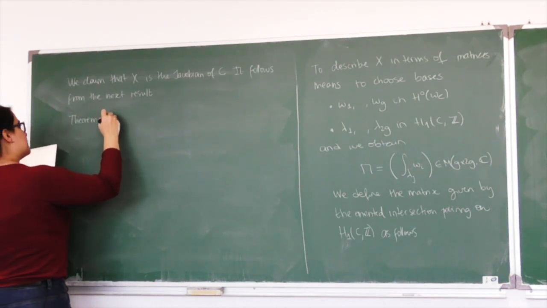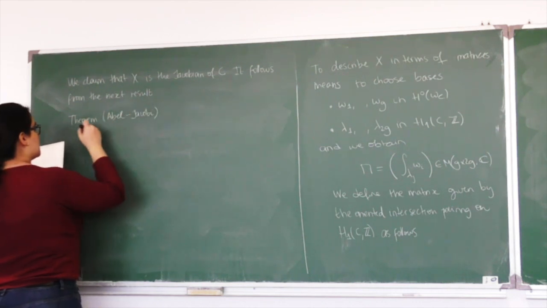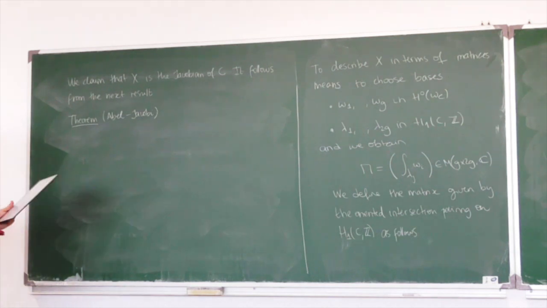So this theorem is due to Abel and Jacobi. Each of them proved one of the implications of what we are going to see now.